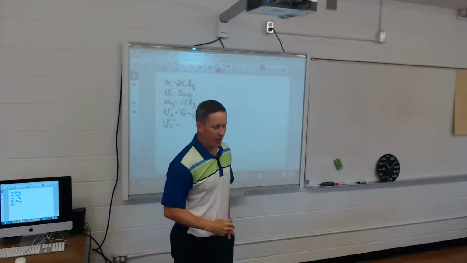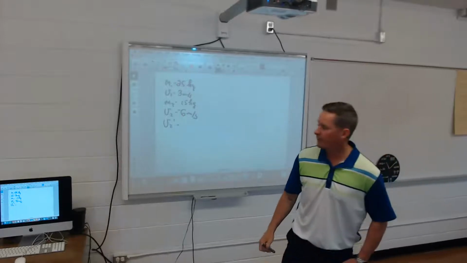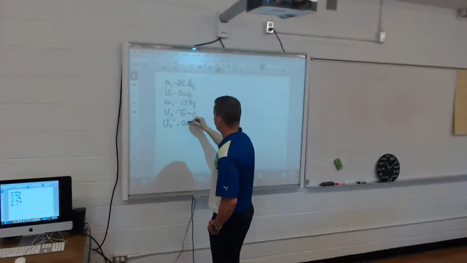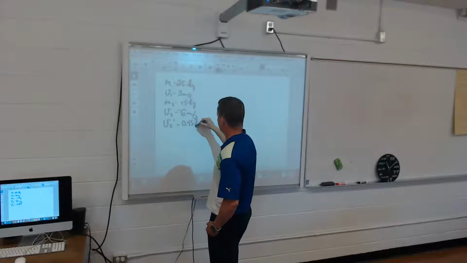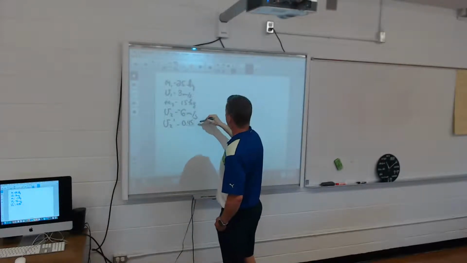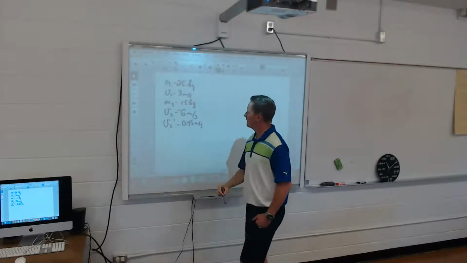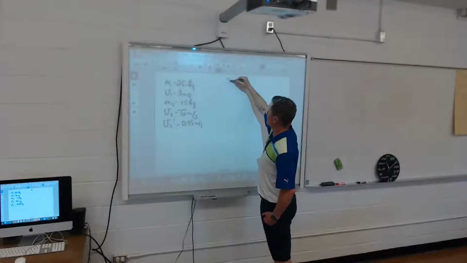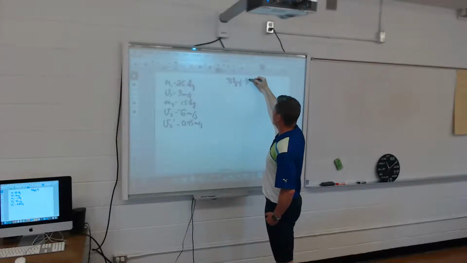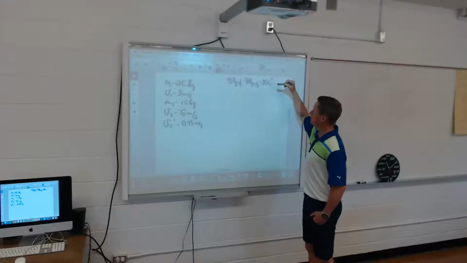Now my V2 prime is 0.45 to the right. Okay, so we do it all again. 75 kilogram meters per second minus 90 kilogram meters per second equals 25 V1 prime.